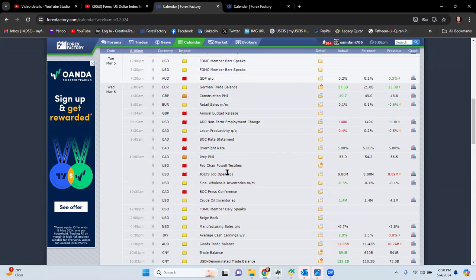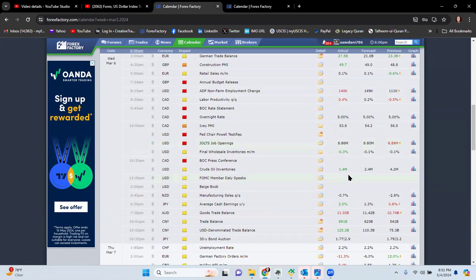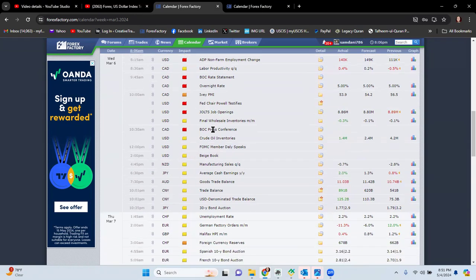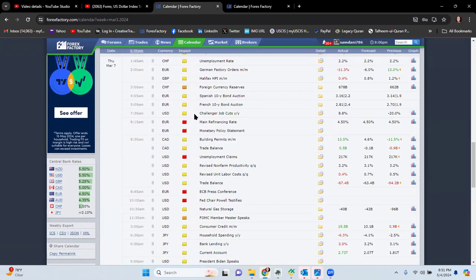JOLTS job openings were almost the same, no big difference. But he came and he talked, right? And hopefully it was a dovish talk, because USD started to drop after that. So on the 6th, this is what happened. And then on the 7th, the USD unemployment claims, similar, right?